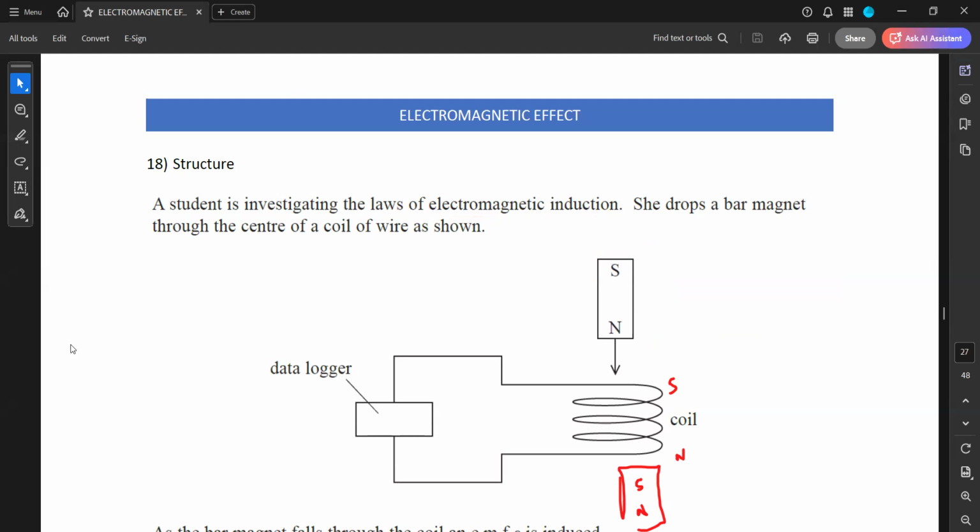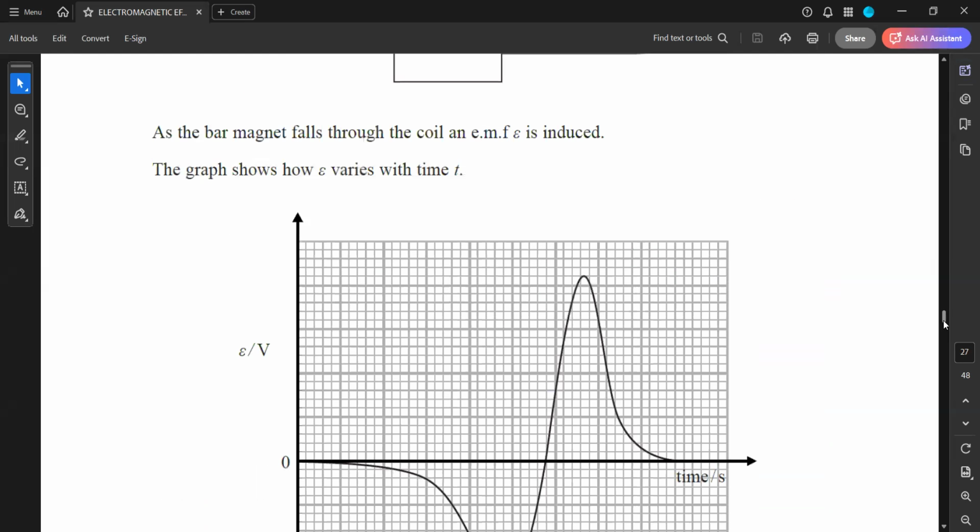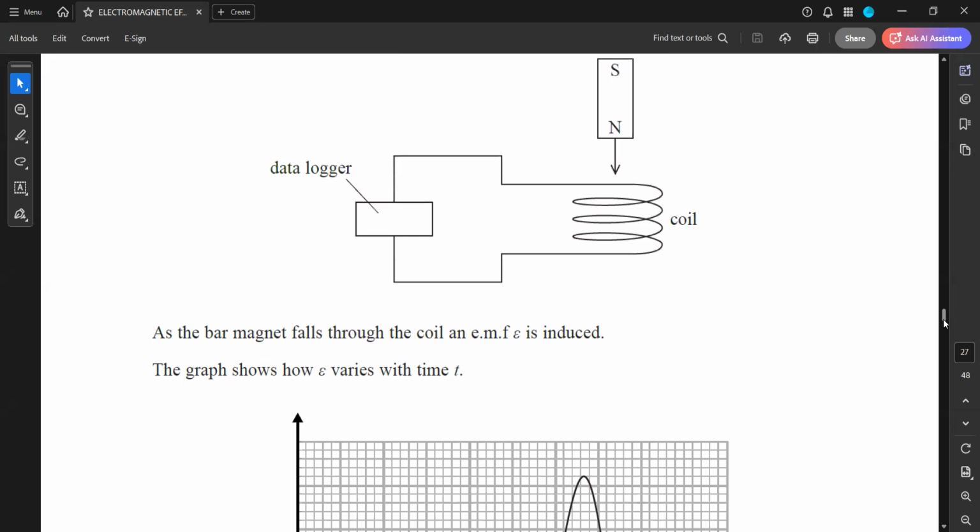And you can also see this from the graph of induced EMF against time. As you can see, a bar magnet falls through a coil and EMF is induced. Why is the initial EMF positive and then negative? If you remember, according to Lenz's law, induced EMF always opposes the change. Induced EMF equals minus N delta phi over delta t. When it is moving towards, as I mentioned, the magnetic field is increasing.